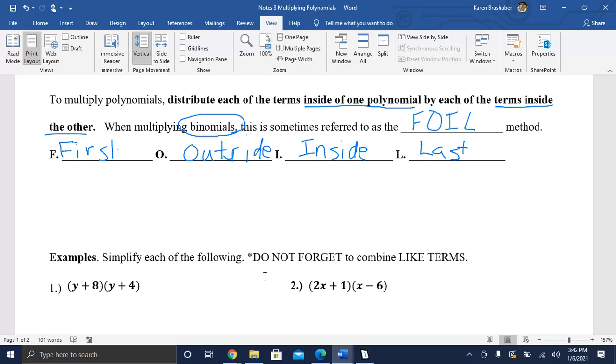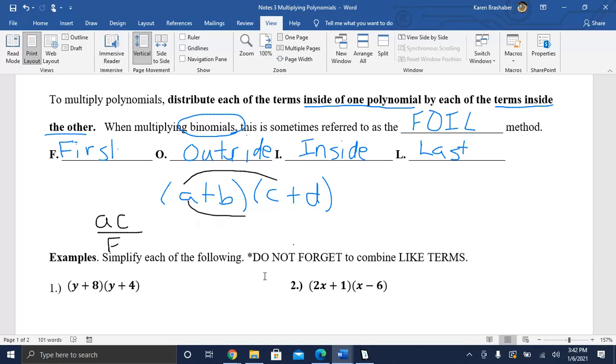So as just a little bit of a pattern for you, if I took a plus b times c plus d, first would be this first term times this first term. So the a times the c, that would be the first terms. Then the outsides would be the ones on the outsides, the a and the d.